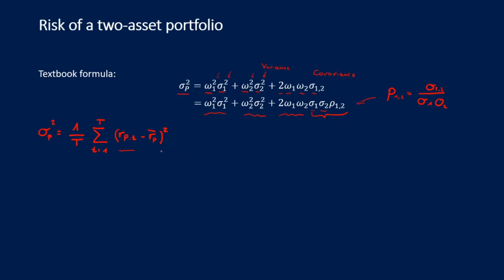So we could simply do the following, since we know that the portfolio returns are given by the weight of share 1 times the return of share 1 plus all others plus the weight of share n times the return of share n, we can simply introduce this return formula in here.